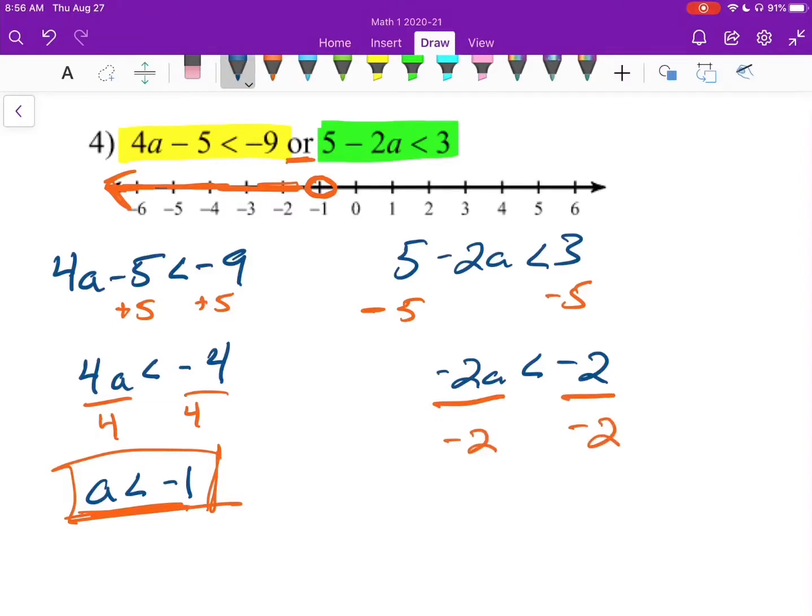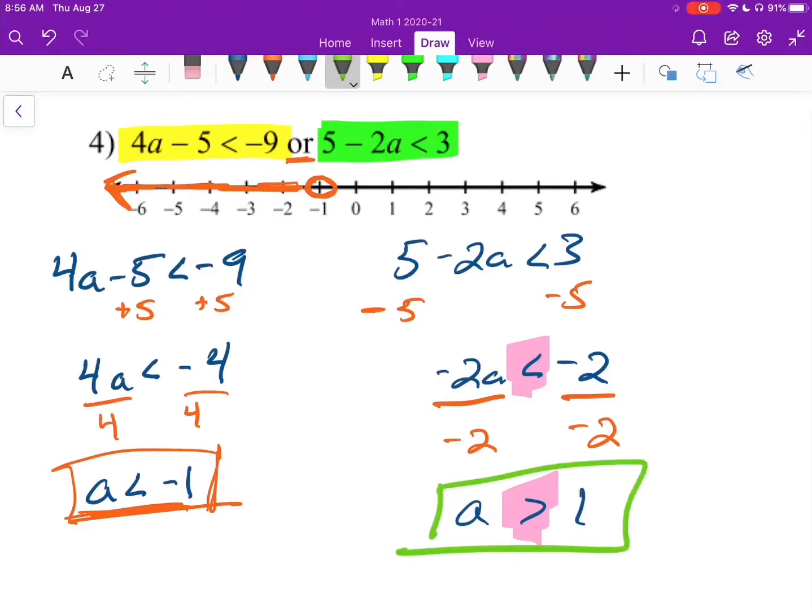Now, big thing here, we have to make sure that the sign flips, right? Here it's one way, here it's the other way. We have a is bigger than, well, this is going to be 1. So this guy here, we have a is bigger than 1. It's going to be an open circle again. A is bigger than 1, so I'm going to have to shade over here.